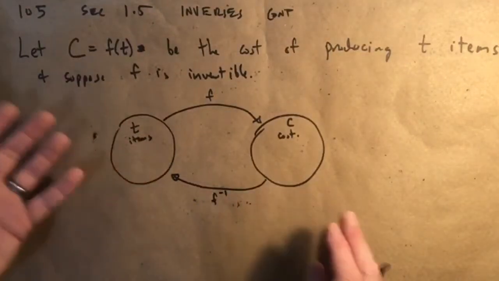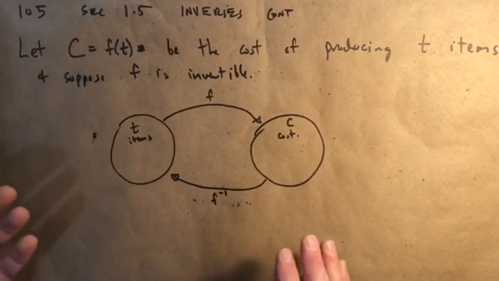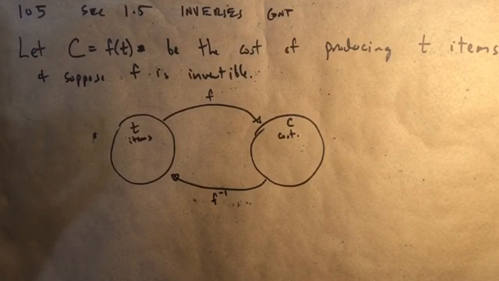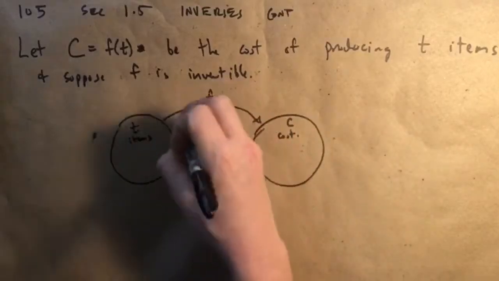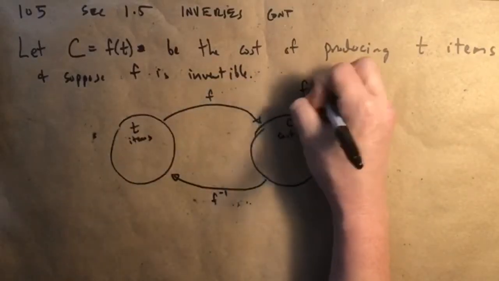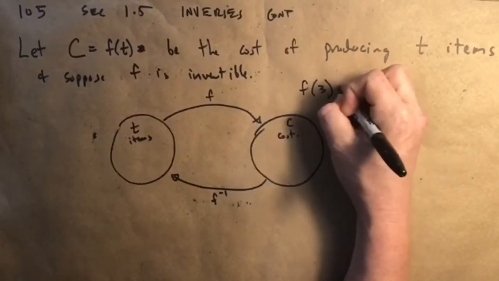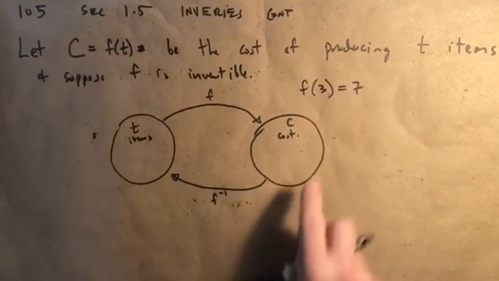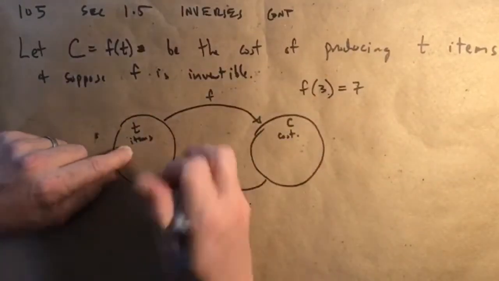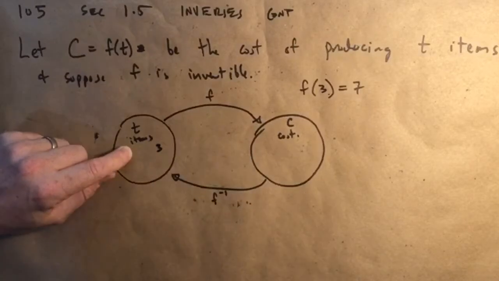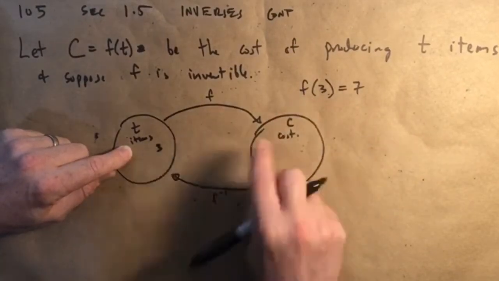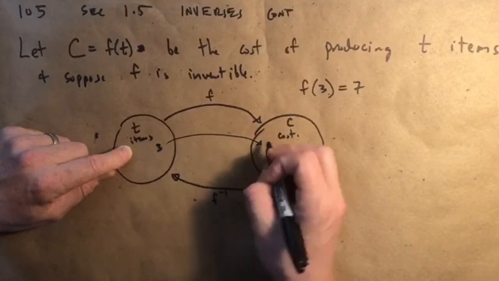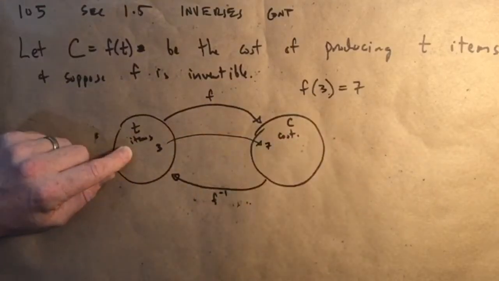Now, this should be very clear as far as what type of variable and what type of thing goes inside the inverse function. If I was going to say, certainly, f of 3 is equal to 7, well, we knew that that 3 would be equal to some number of items because it's going into the parent function, and that 7 would be some value of cost.